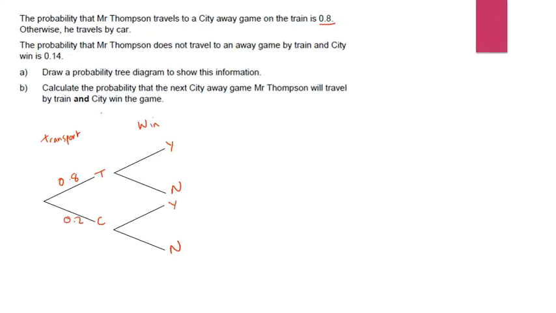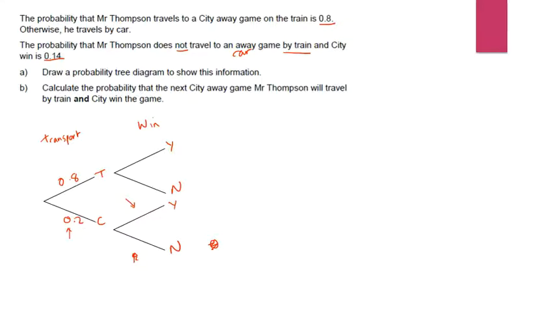Now this is where I've got to be really careful, because it tells me the probability that Mr. Thompson does not travel to an away game by train. So not means he must travel by car. And City win is 0.14. That means that that probability times this probability here.